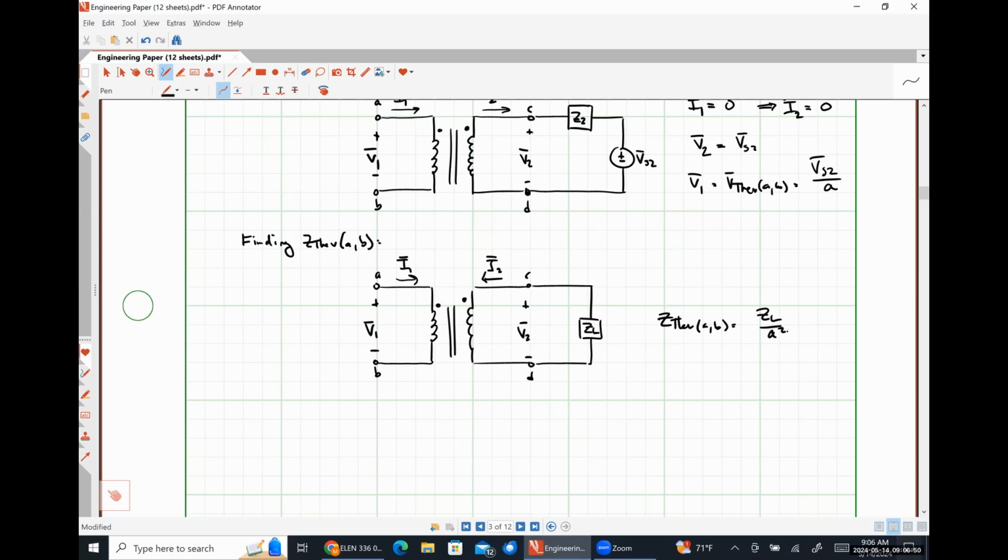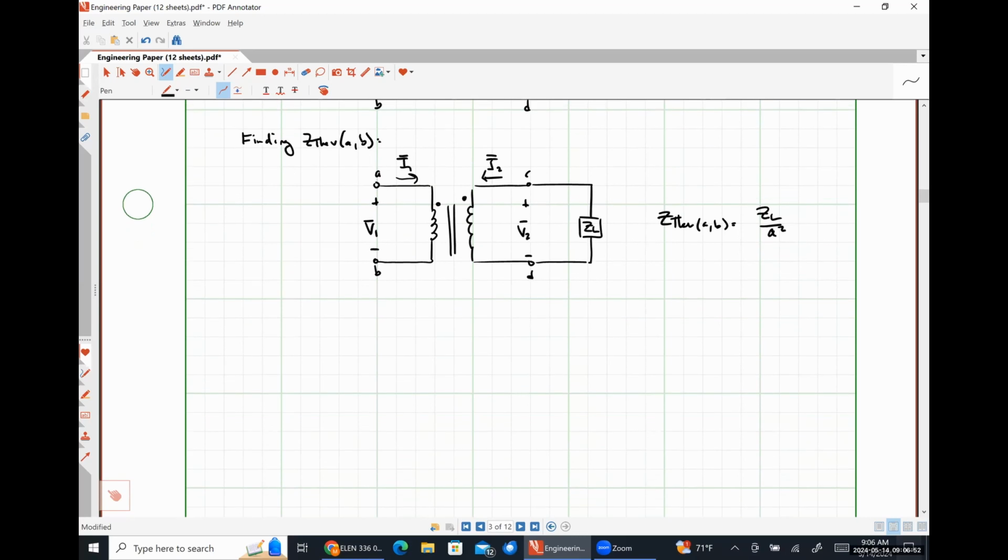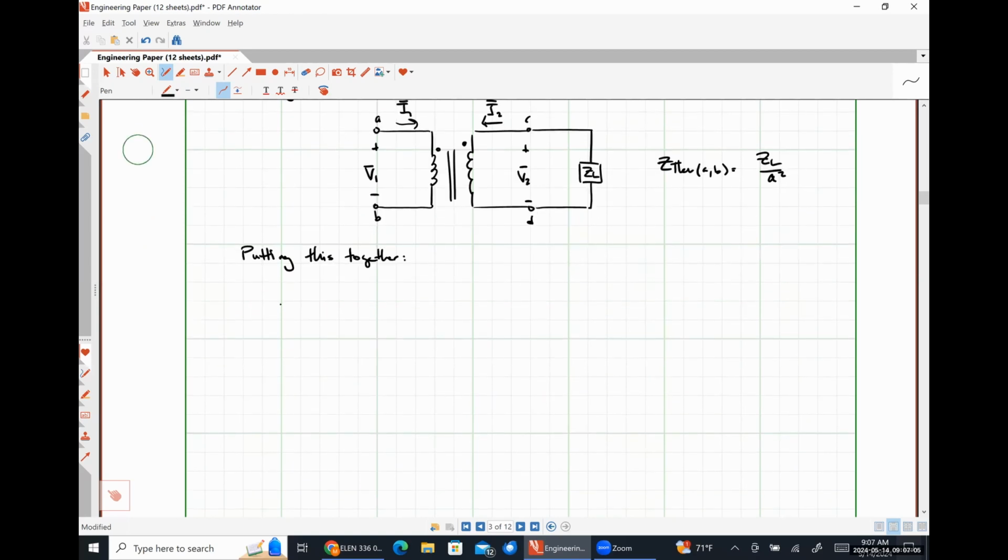Okay. So if we put these two results together, our original circuit would simplify to this. So here's VS1.